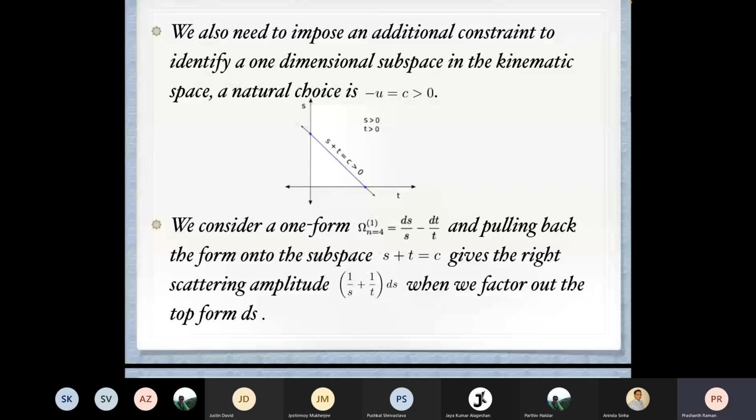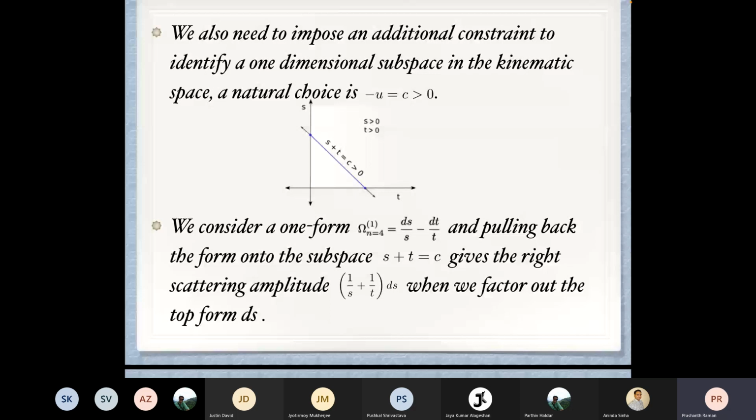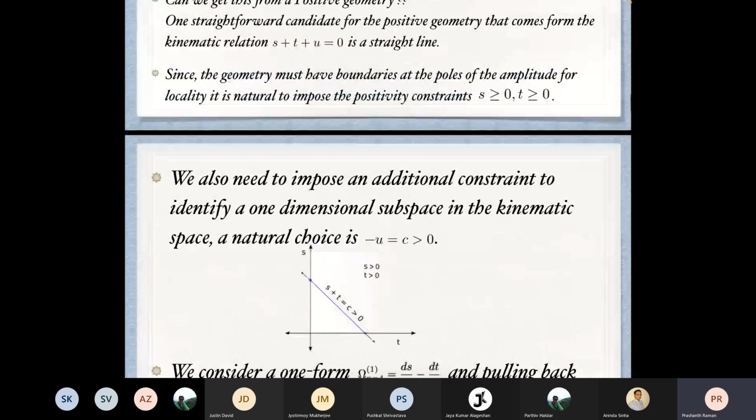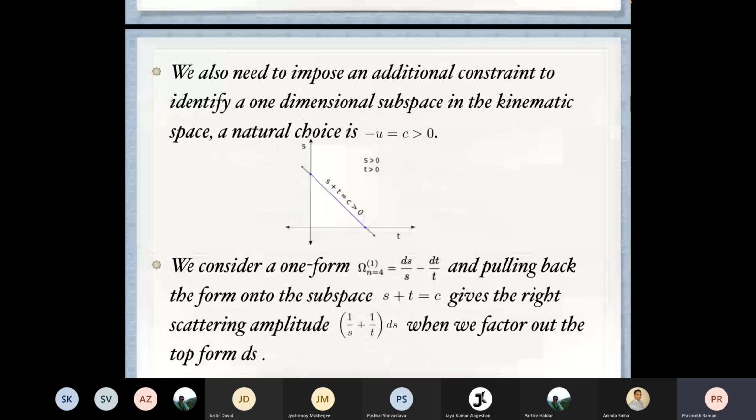Now the second feature of the framework was to treat amplitudes as differential forms and not functions living in kinematic space. This we do by promoting each propagator to d log of the propagator. So 1 over s goes to d log of s, or ds over s, and similarly for t. Now I have various possible choices of sign that I can put.